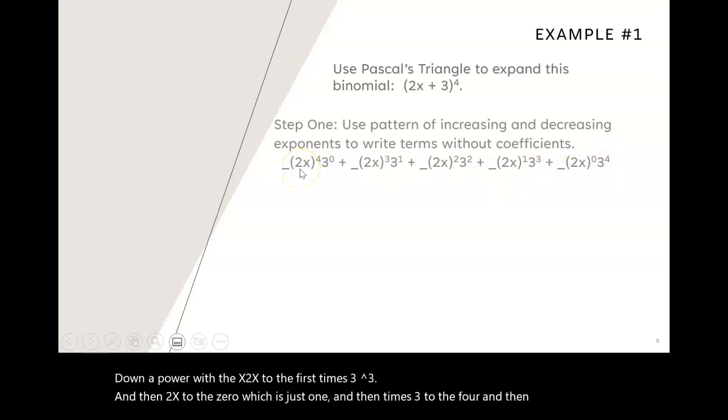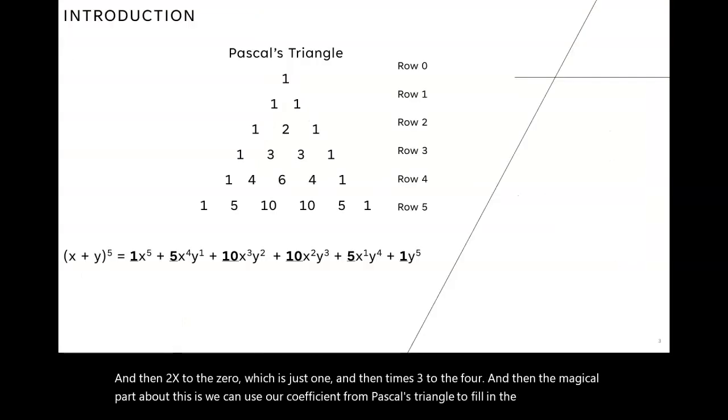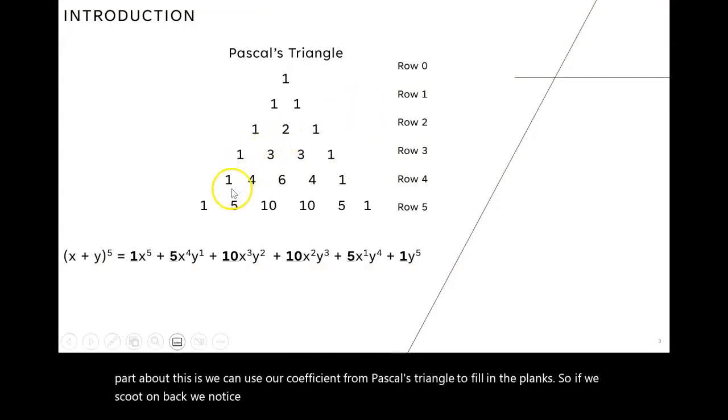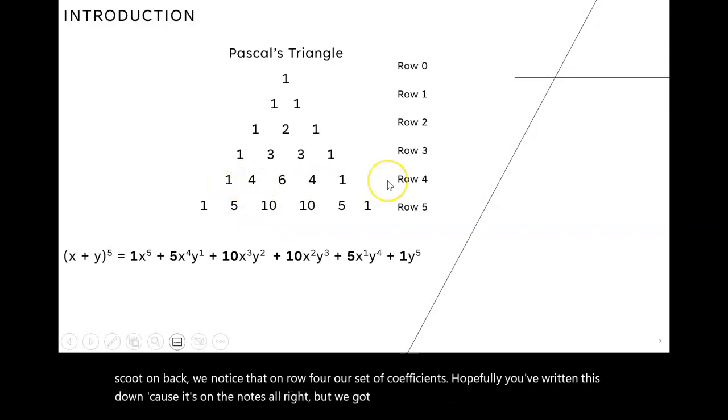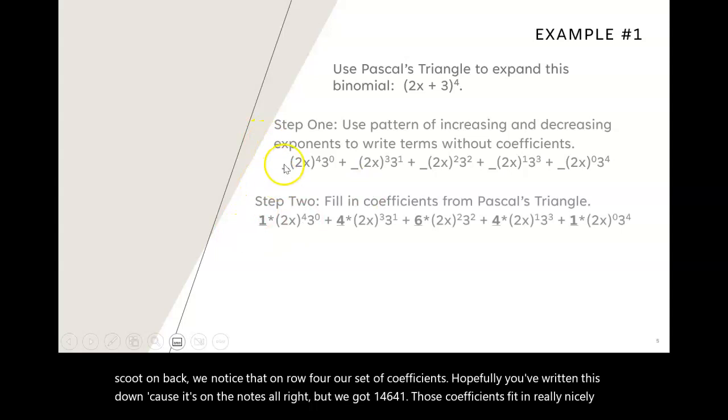The magical part is that we can use our coefficients from Pascal's triangle to fill in the blanks. If we scoot back, on row 4 our set of coefficients, which hopefully you've written down in your notes, is 1, 4, 6, 4, 1. Those coefficients fit nicely in each of these blanks.